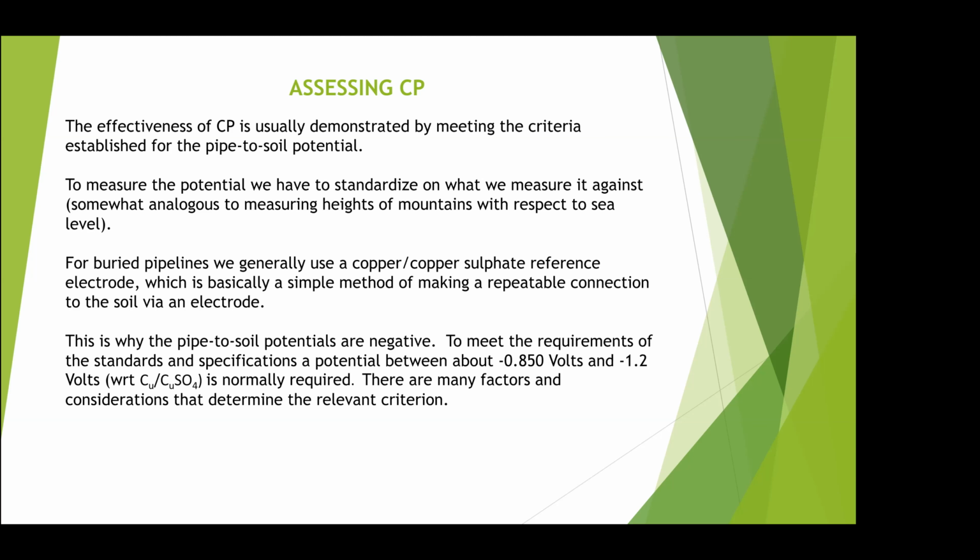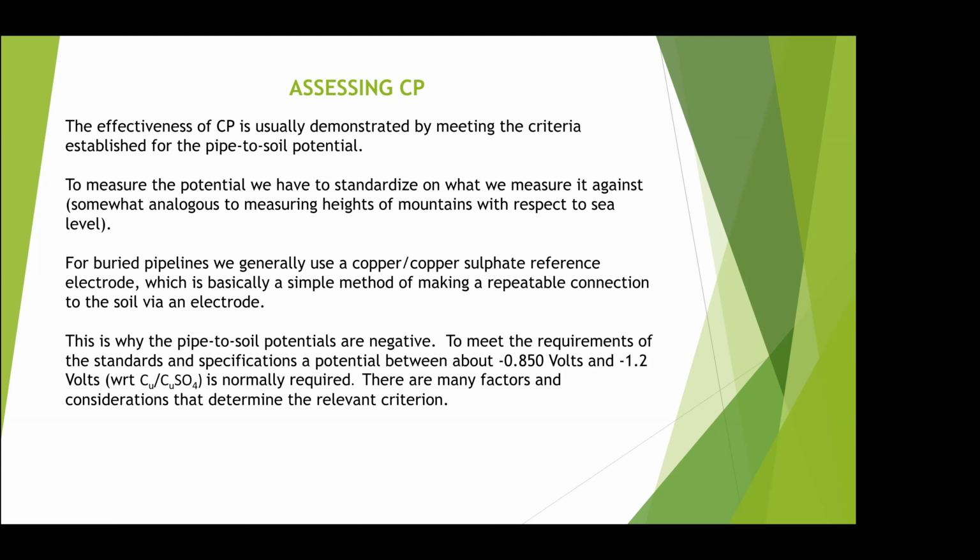And we use a special kind of probe because you want to be sure that sticking the probe in the ground isn't affecting the circuit you're measuring. So we use a copper sulfate reference electrode as the reference. And this, if it's kept clean and properly maintained, will allow you to make repeat measurements in a consistent manner.